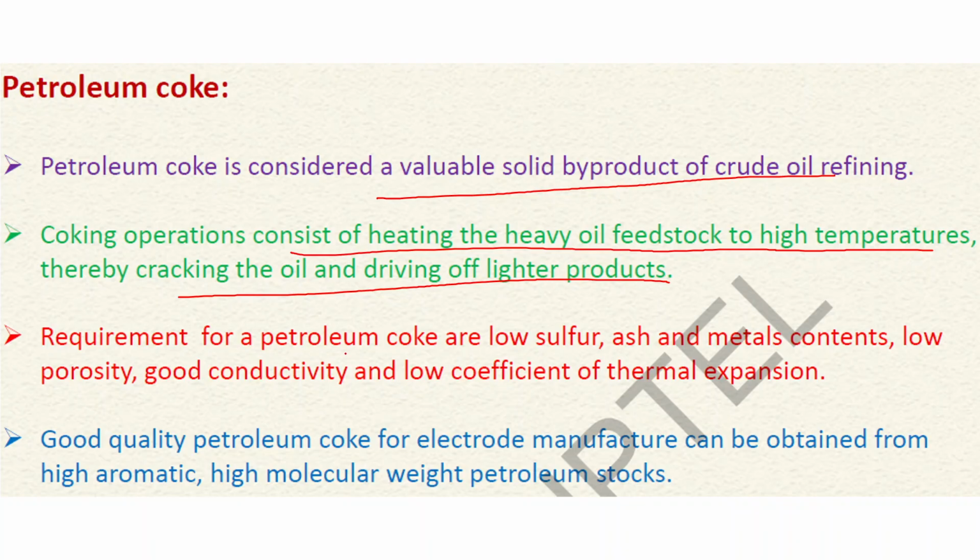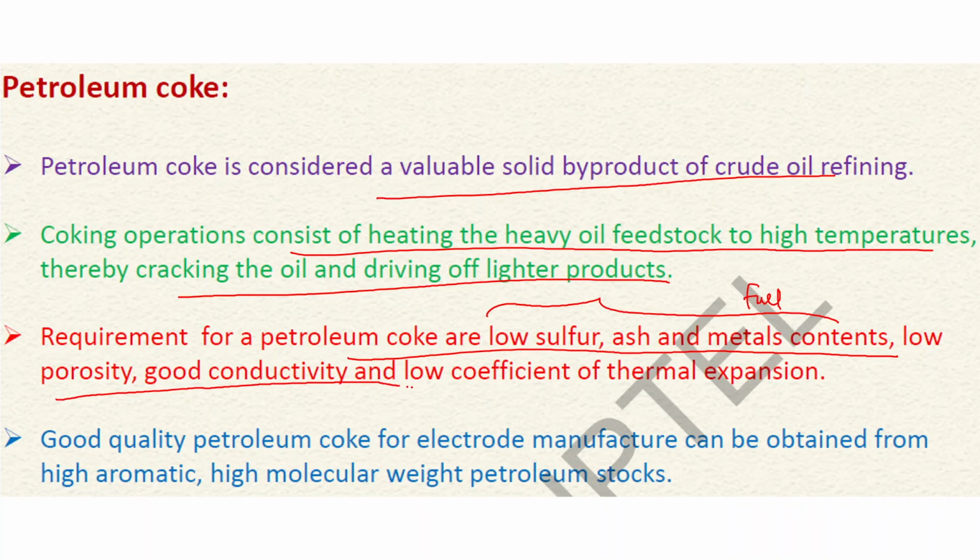The requirement for a petroleum coke as fuel is low sulfur, ash, and metal content. If low porosity, good conductivity, and low coefficient of thermal expansion are there, then it is used as electrode.